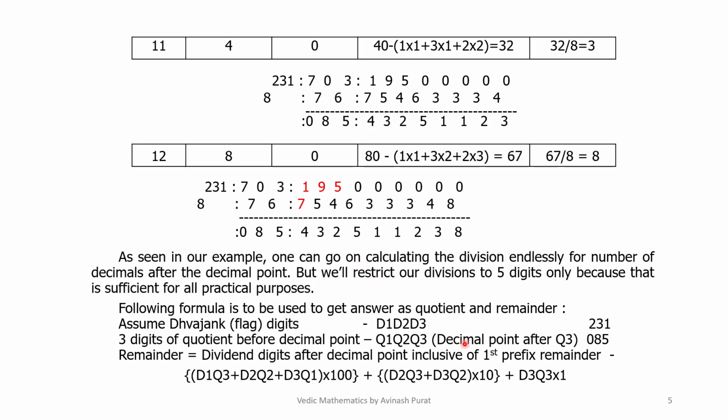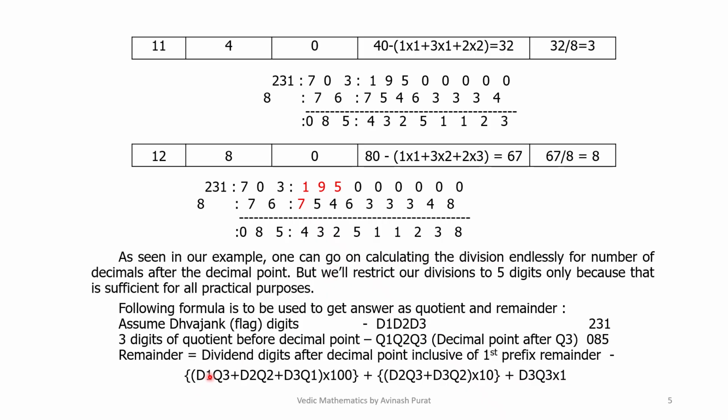In our case, it is 2, 3, 1. There are 3 digits of quotient before the decimal point, that is Q1, Q2, Q3, with the decimal point after Q3. So our quotient digits are 0, 8, 5. So remainder is the dividend digits after the decimal point inclusive of the first prefix remainder.